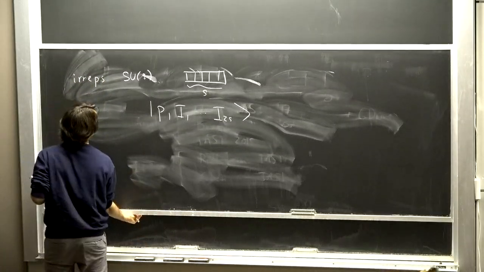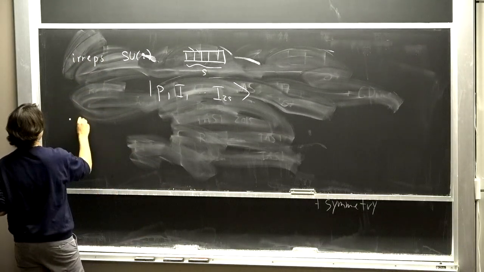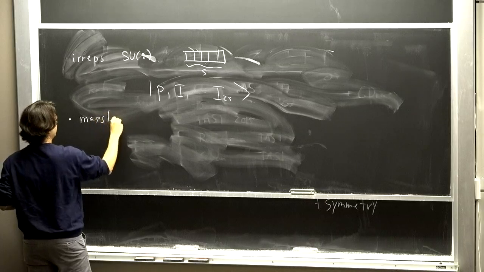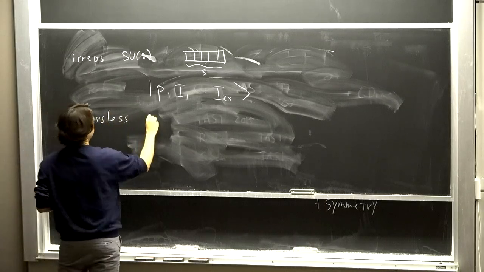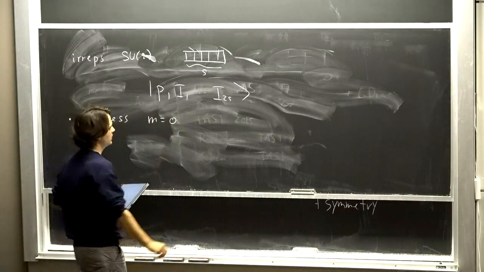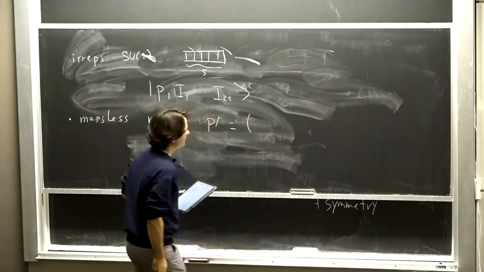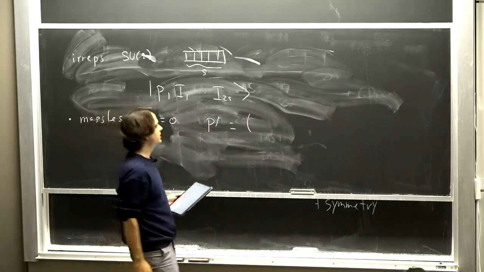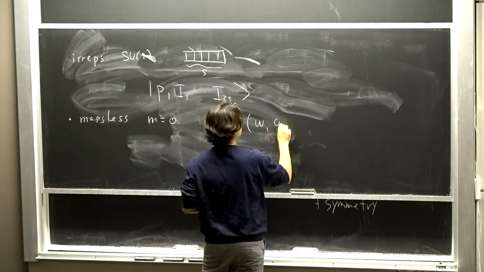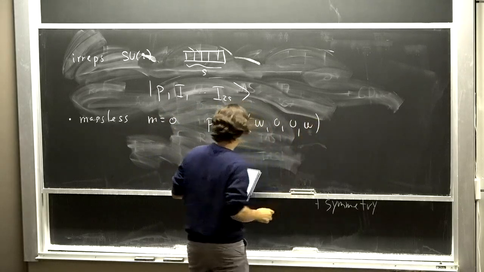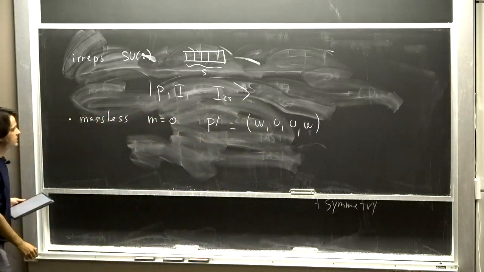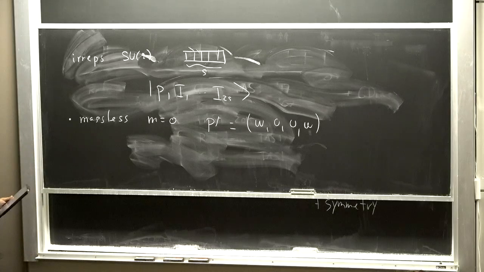Now the massless case, which is a bit more interesting. What does the momentum of a massless particle look like? The best thing I can do is just align it along the z-axis, so it's going to look like this. What is the set of Lorentz transformations that leave this invariant?